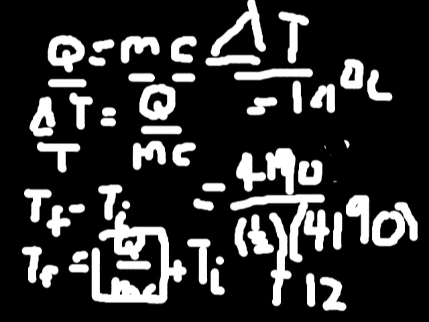And the specific heat is how easy it is to change the temperature of an object. The high specific heat means it's very hard to change the object's temperature, meaning you're going to have to put more heat in. And the low one means you have to put less, because it's easier to.